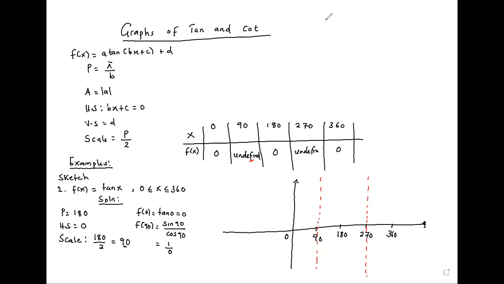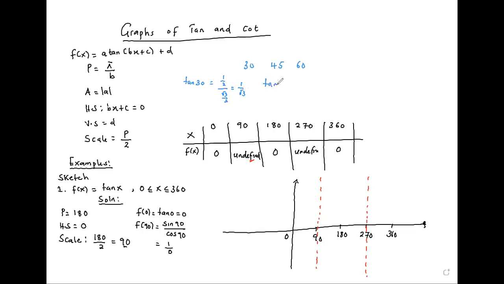Here between 0 and 90, we can find 30, we can find 45, and we can find 60, so that you see what is tan 30. Tan 30 is half over root 3 over 2, which is 1 over root 3.